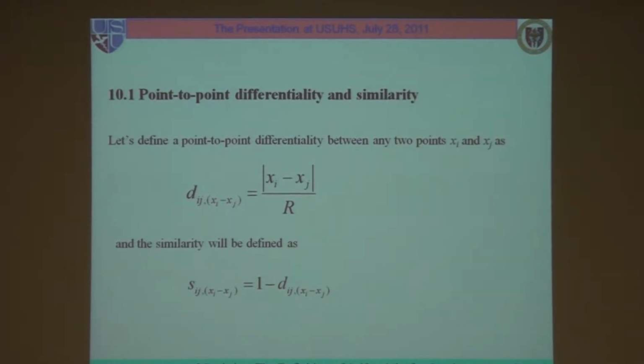I think, in my opinion, whether a point is in the system, in a random system or not, is determined by its differentialities and similarities to all the points in the system.